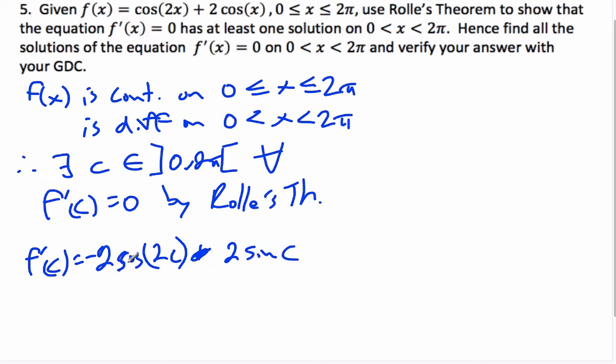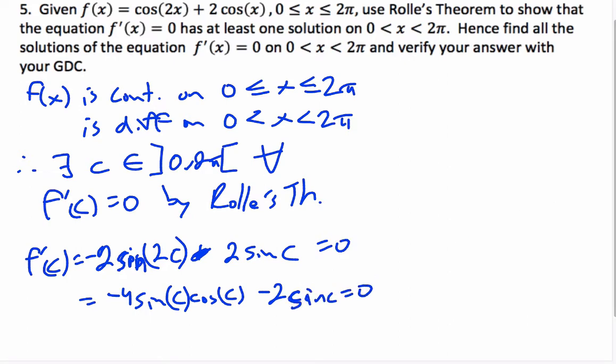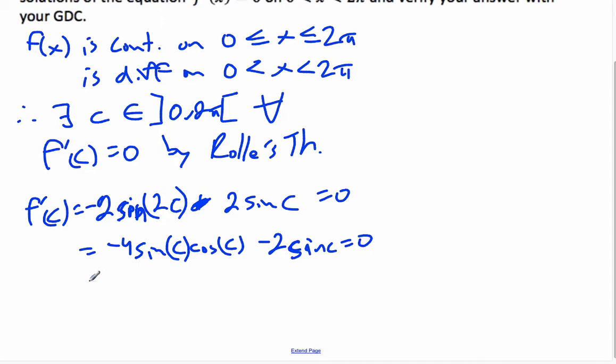So that equals negative 4, if I use the double angle identity, sine c cosine c minus 2 sine c equals 0. Okay, let's divide both sides by negative 2 to make it look a bit nicer.